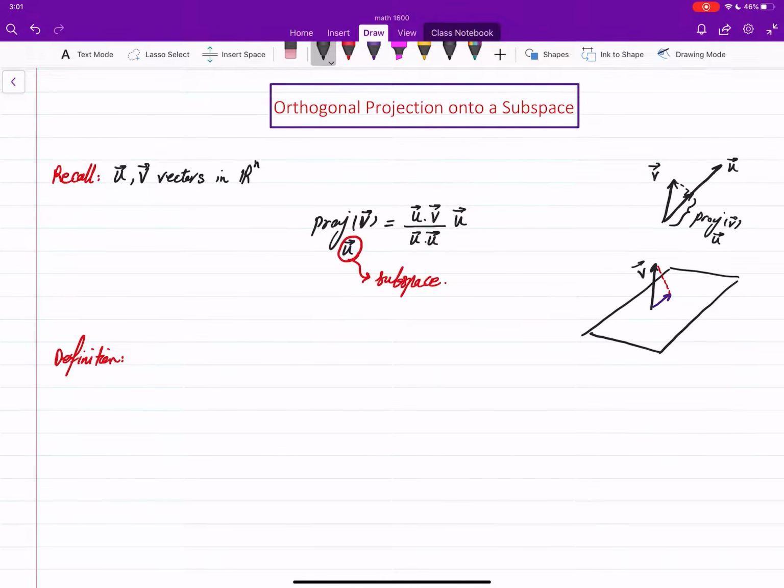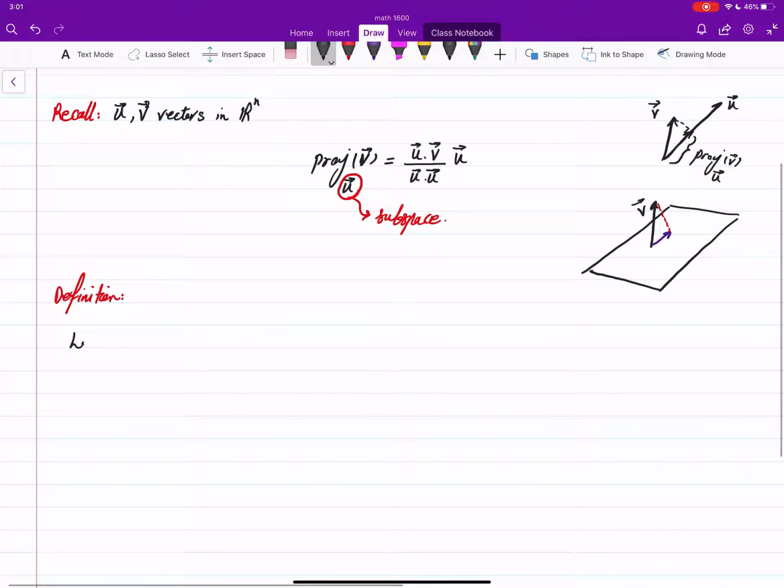So we need to fix a subspace. Let W be a subspace of Rn. And to be able to define projection of v onto subspace, we have to fix a basis, not a regular basis, an orthogonal basis.